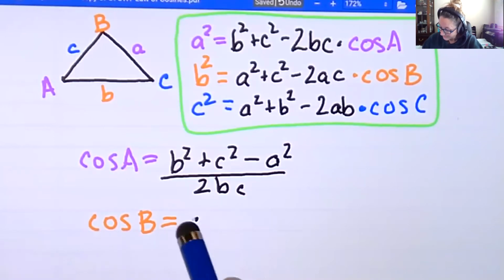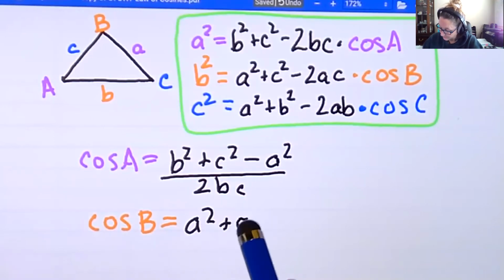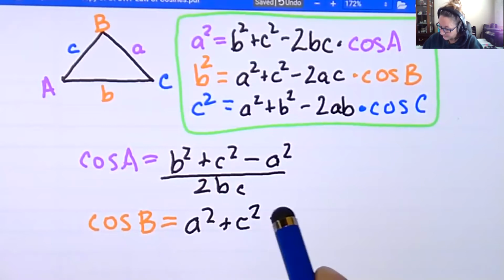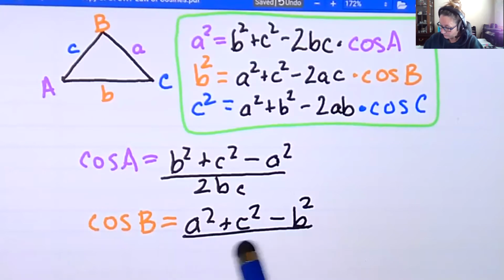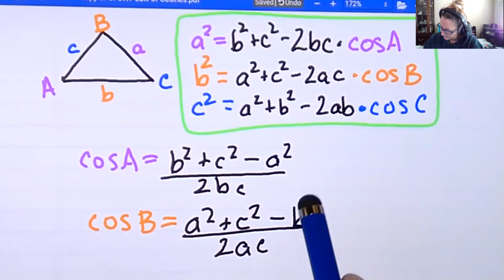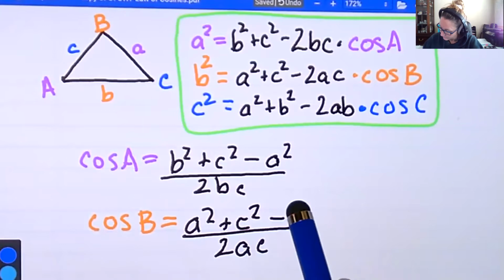So I'm going to have A squared plus C squared minus, now it's my B squared, over 2 times A times C. And I'm going to put in my B in orange here, so you just have it color coded.